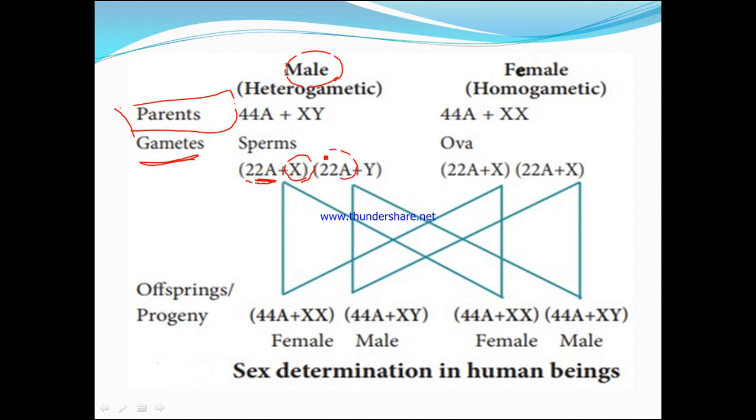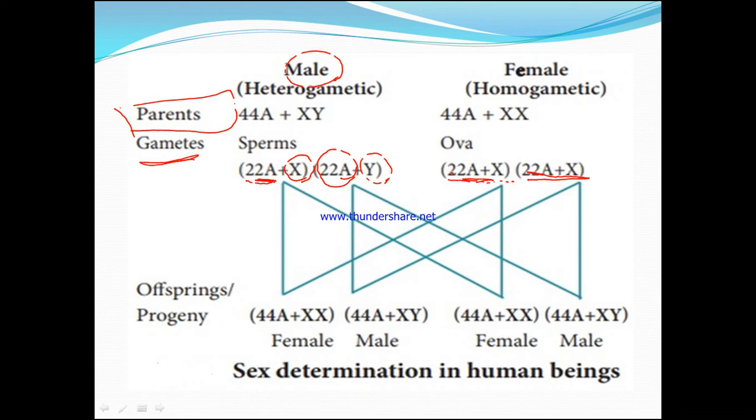But the female gives a homogametic structure. What does homogametic mean? It means gametes of one type, 22 autosomes plus X.